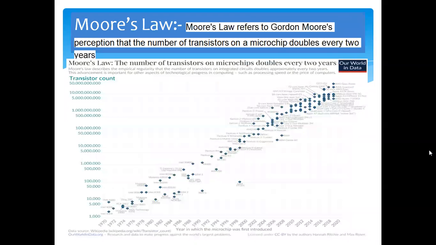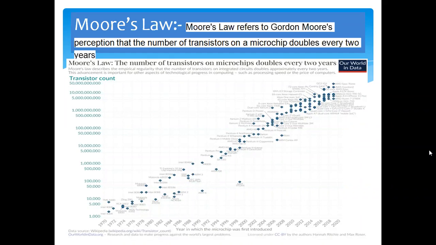Now you have studied this already in maybe your digital technique subject, second year subject, Moore's law. What is the statement of Moore's law? The number of transistors on a microchip or in an IC doubles every 2 years. The capacity of an IC, in terms of transistors, doubles every 2 years.